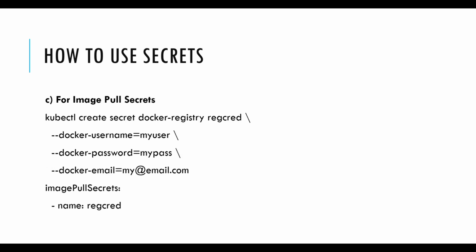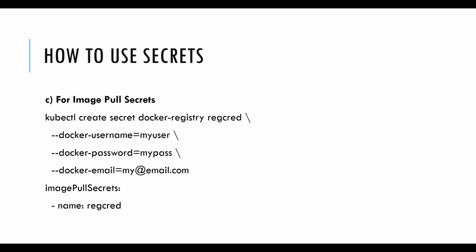Then the next way is the image pull secret. This secret is used when we are trying to pull an image from a private repository. In order for our pod, deployment or YAML to be able to pull that image, it needs the credentials.